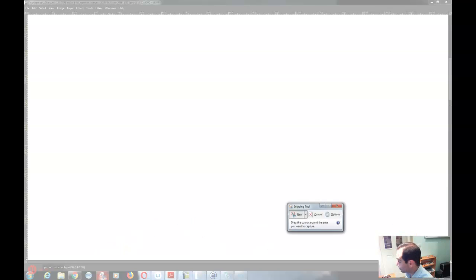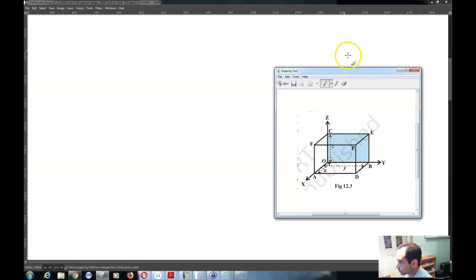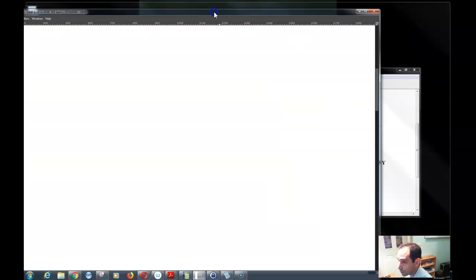Okay, so in this figure over here, if P is 2, 4, 5, find the coordinates of F. Okay, so we have basically this question over here, which is actually a good question.